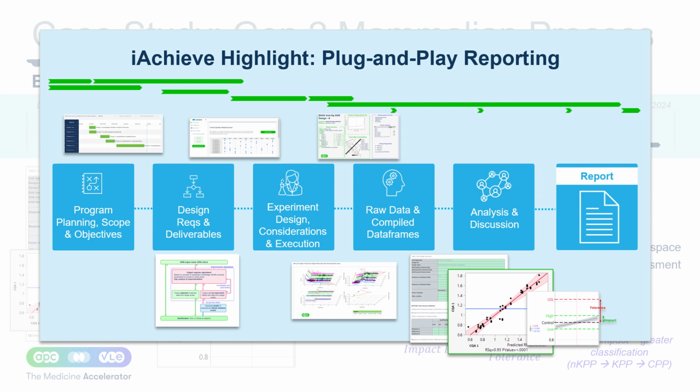Analysis and discussions happen in real time, with teams working from the same dataset, but ultimately this allows for reporting to be streamlined, with designs, results, and rationales exported directly into the PC report. By linking each step, the platform reduces rework, shortens timelines, and ensures a consistent, data-driven approach throughout the program.